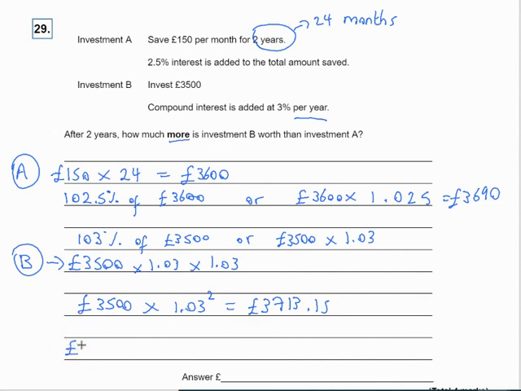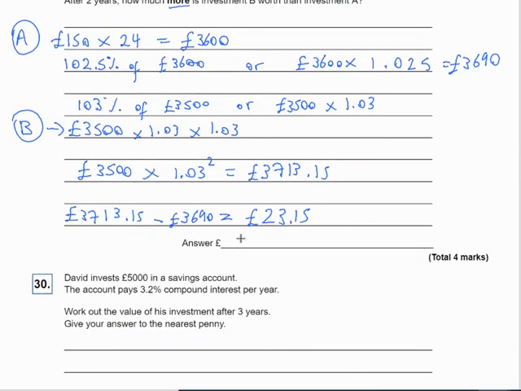So 3,713.15 take away 3,690 is equal to £23.15. So there we go.